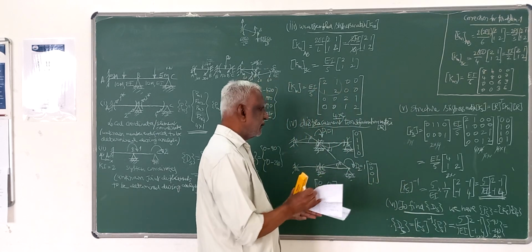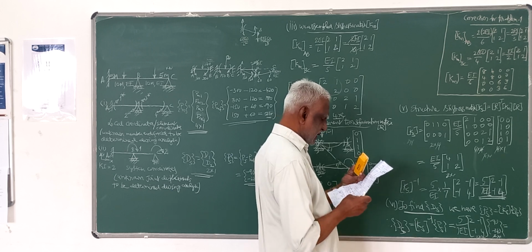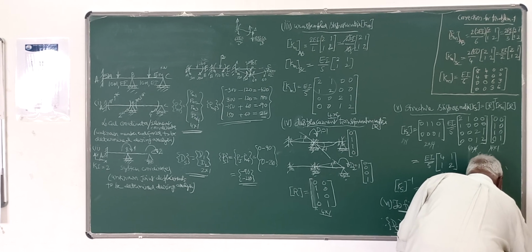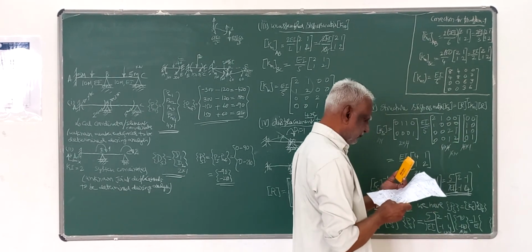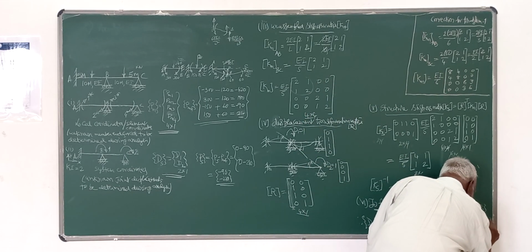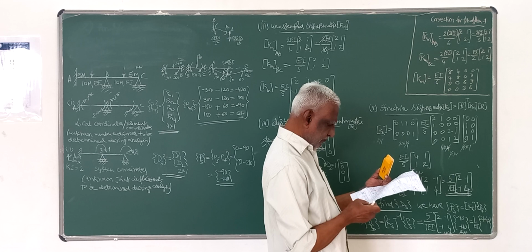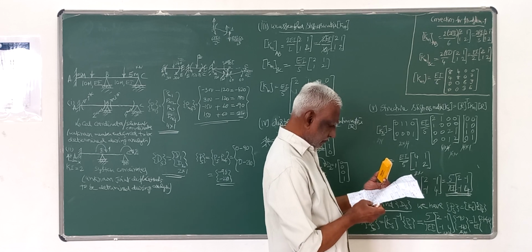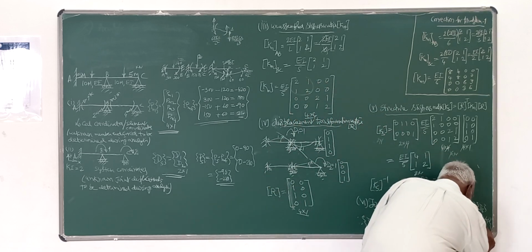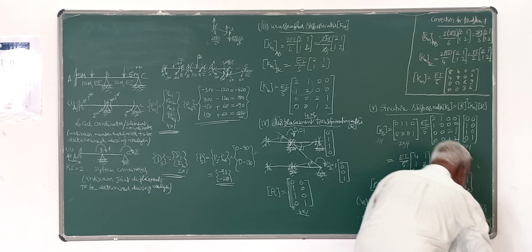We can multiply these two matrices, and you will get the displacement as 1 over EI into 21.43, then here we get minus 535.71, whatever it is.